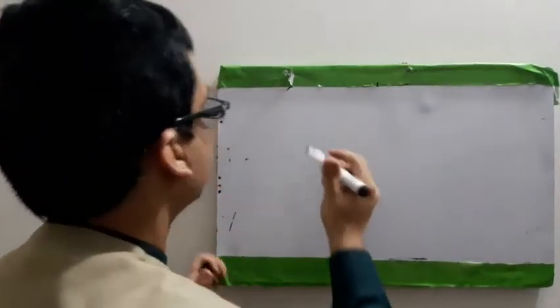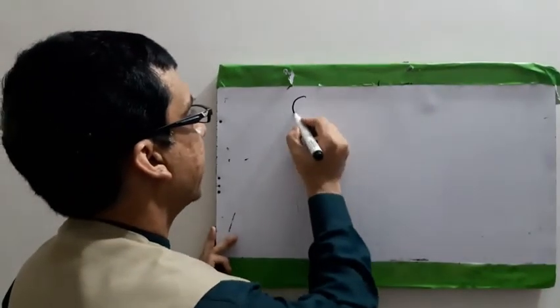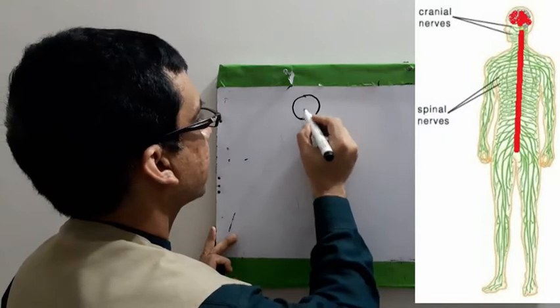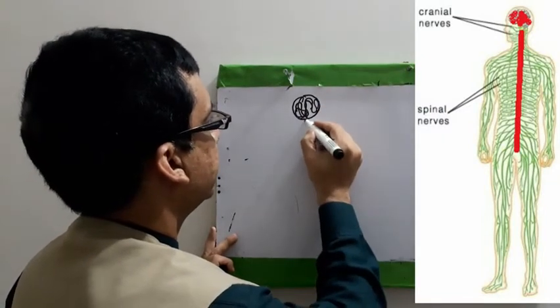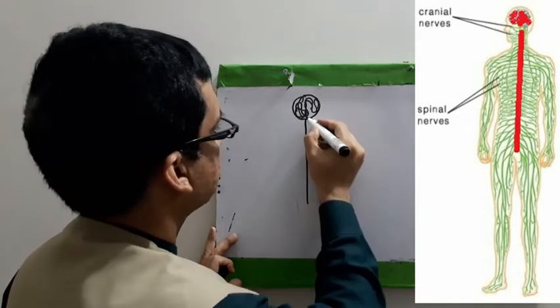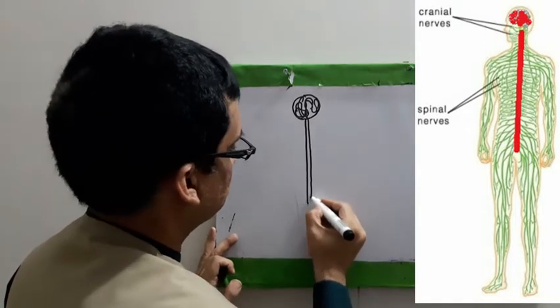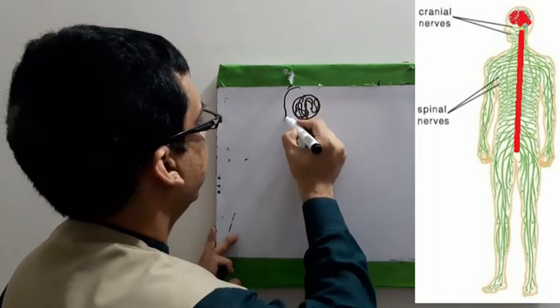Let's suppose that this is the brain region, and this is the spinal cord, the head region.